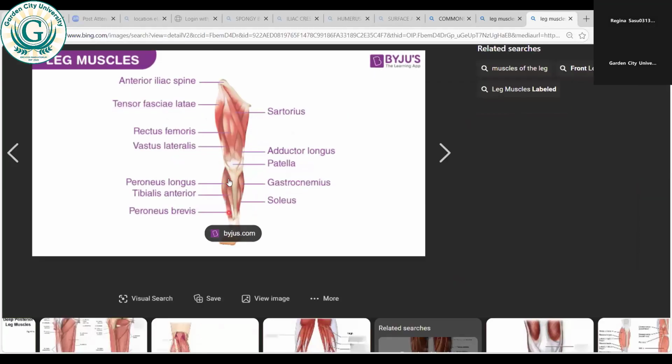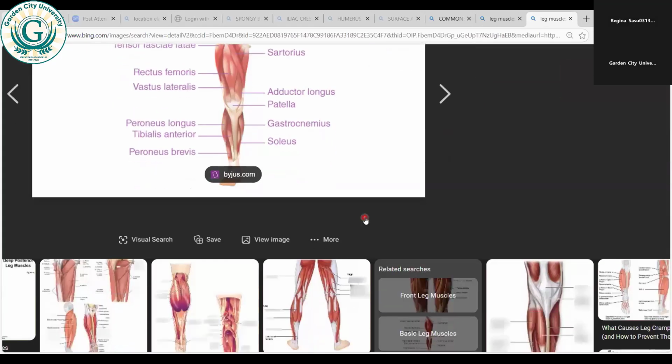All the muscles on the anterior aspect of the leg, all the muscles on the lateral aspect of the leg, and the muscles in the dorsum of the foot are all supplied by the common peroneal nerve. So you can imagine what will happen when you have a fracture at the neck of the fibula.